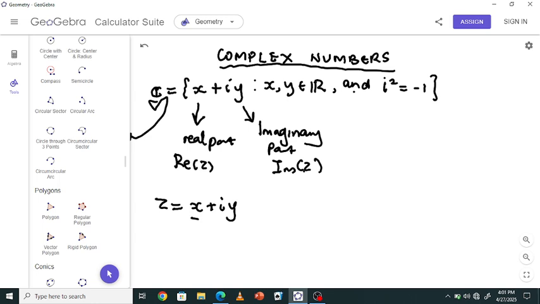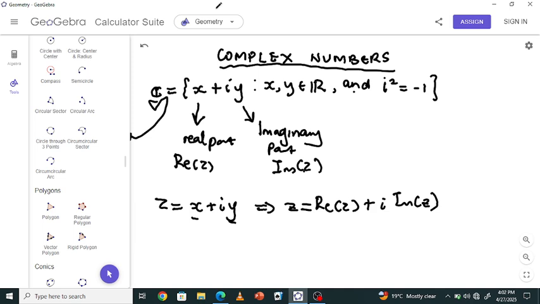We have said x is the real part, y is the imaginary part. That means you can say that z is equal to Re of z plus i Im of z. That is also another definition of a complex number.